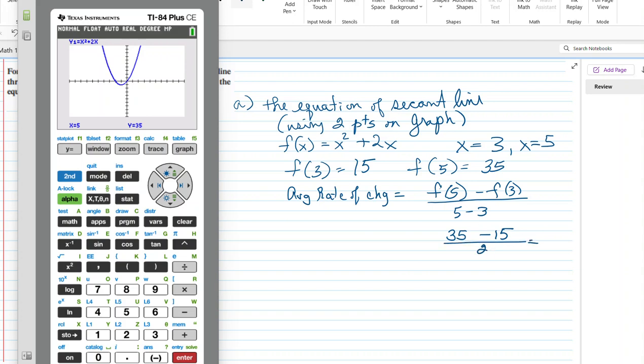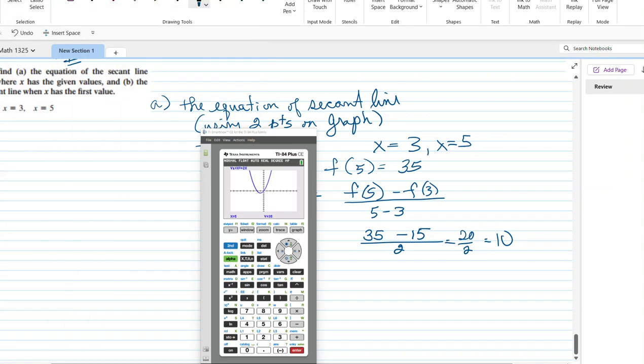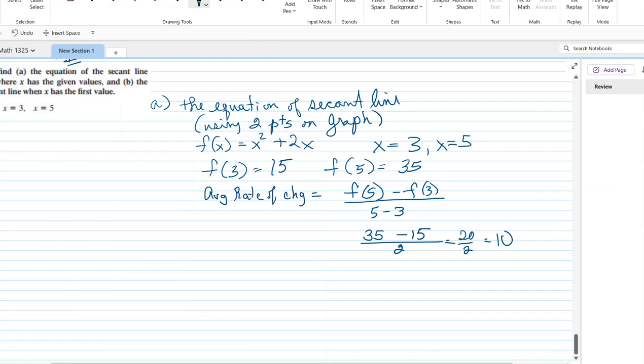That gives me 20 over 2. My slope is 10. Is everybody comfortable with that? 35 was here, minus the 15, and that is definitely 20. And 5 minus 3 is 2, it's 10.